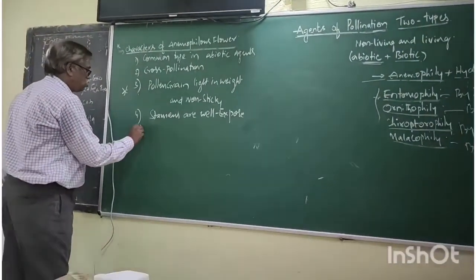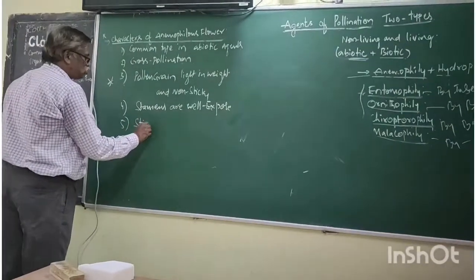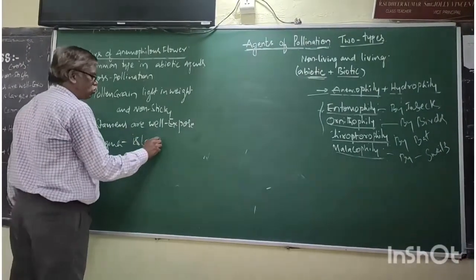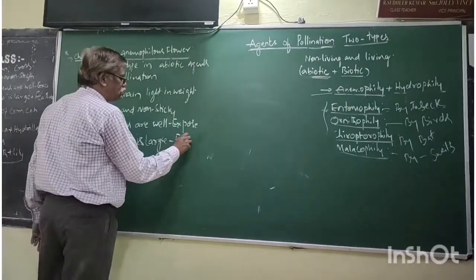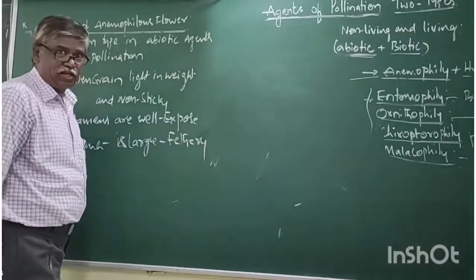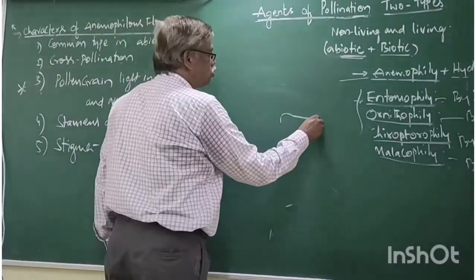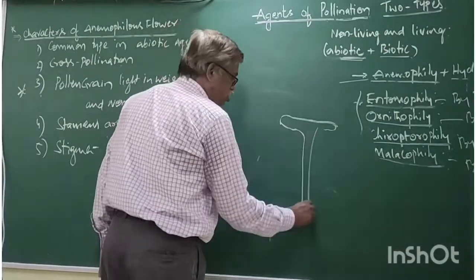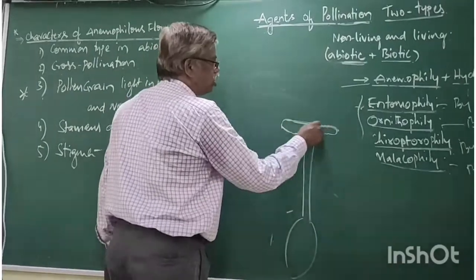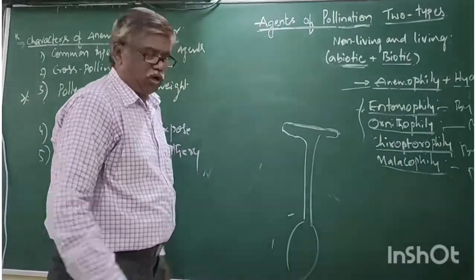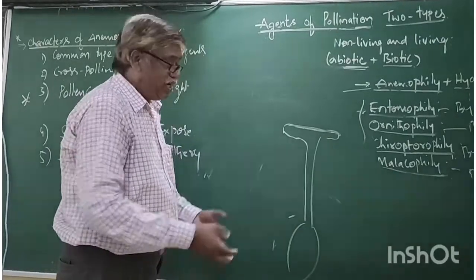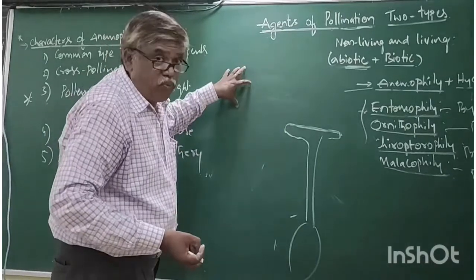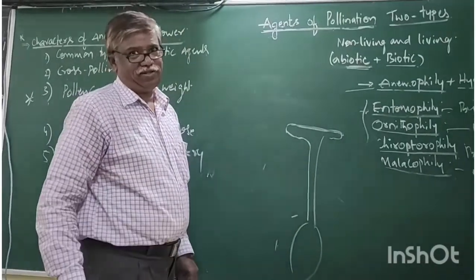Now, fifth one, stigma. Stigma is large and feathery. Now, stigma is a large style. This surface, if it is large, it is better for receiving the wind-borne pollens.